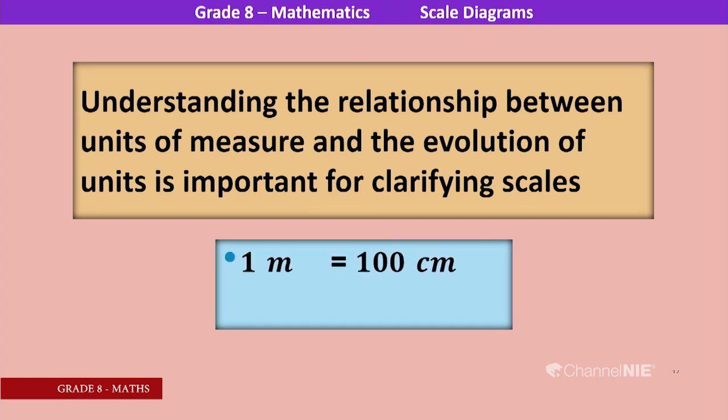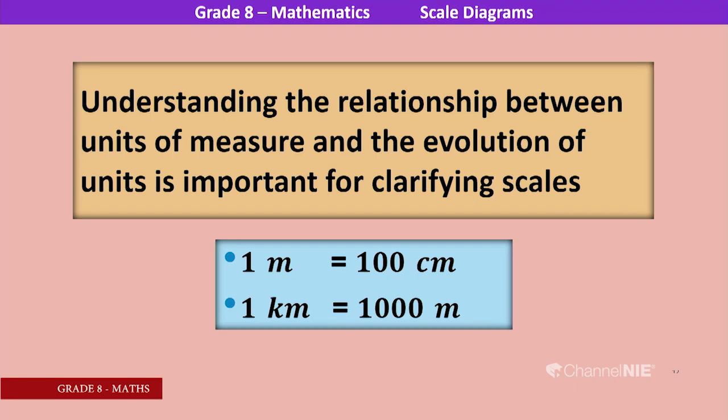Here 1 meter means 100 centimeters. If you have 1 meter in a scale, you can convert it into 100 centimeters. Next one, 1 kilometer is 1000 meters. If you want to convert kilometers into meters, you multiply the given amount by 1000. Conversely, if you want to convert meters into kilometers, divide the given amount by 1000.